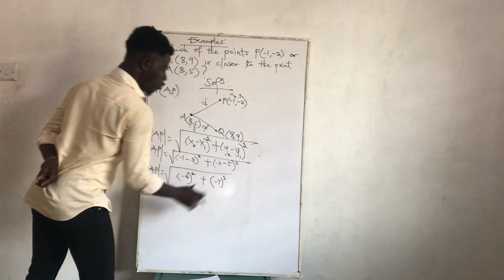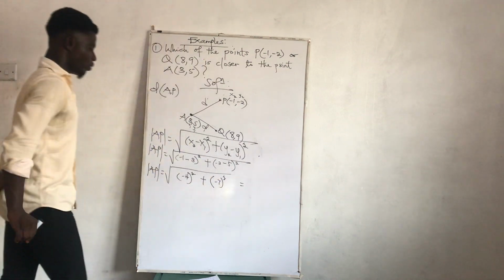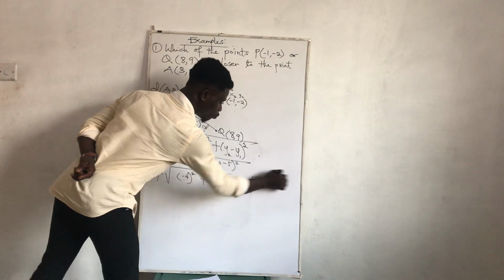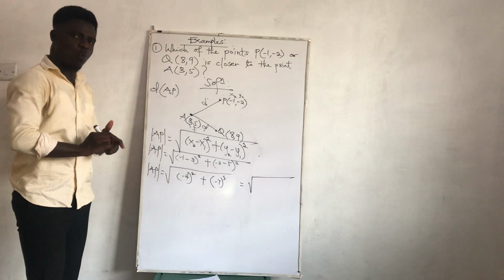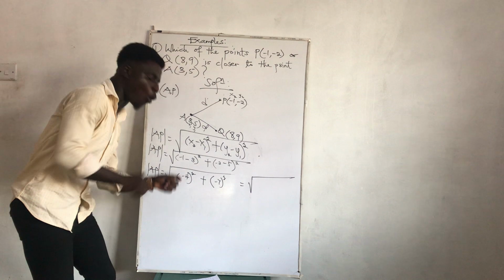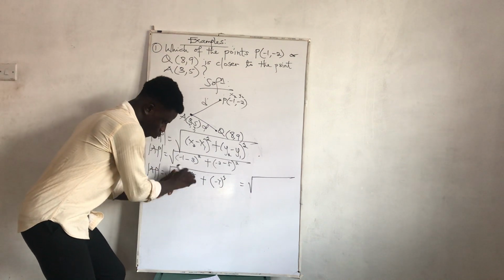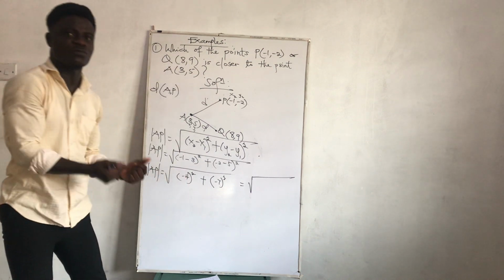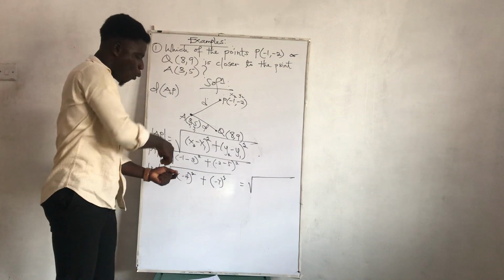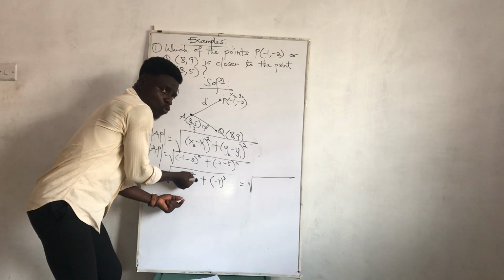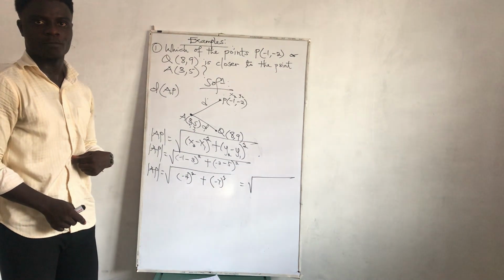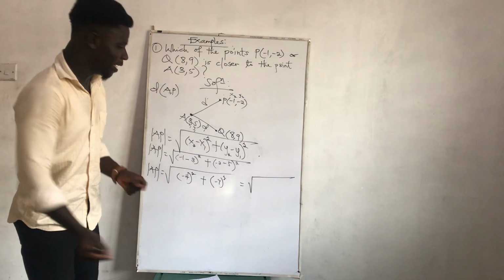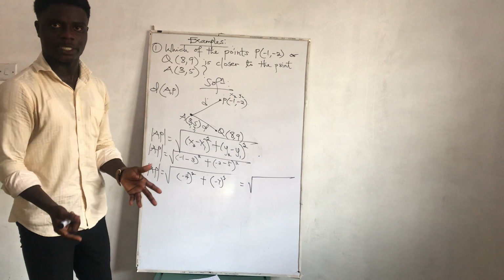Let me bring my equal sign to here. So the square root of (-4) all squared. Watch carefully. This square is affecting the negative and also affecting the 4. Since 2 is an even number, it takes the negative away, or turns the negative to positive.